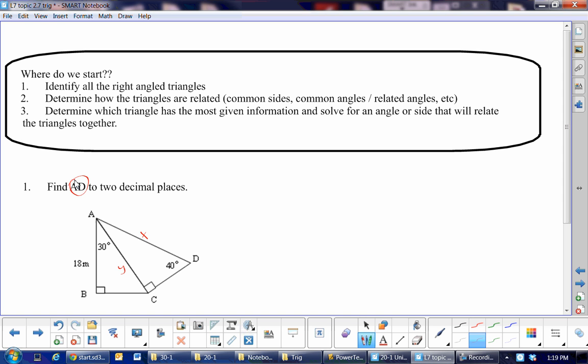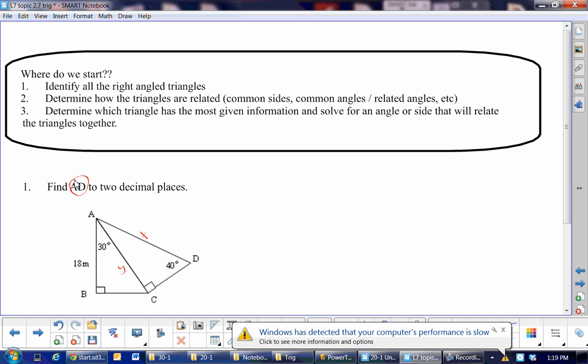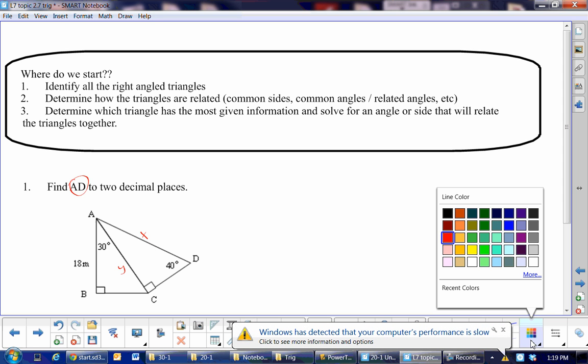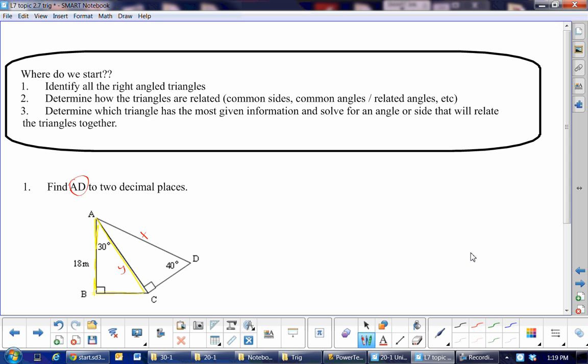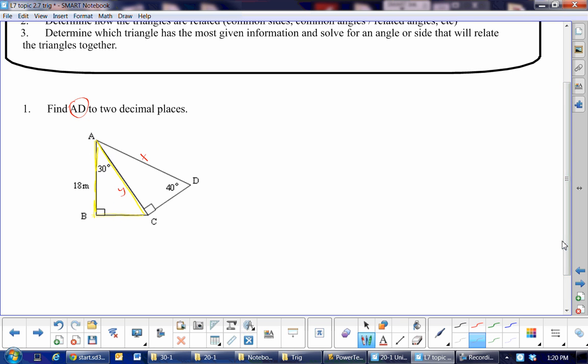So what we're going to do is deal with this triangle here. We know one side and we know one angle. So the way we're going to look at this is, here's my angle, so this is opposite.